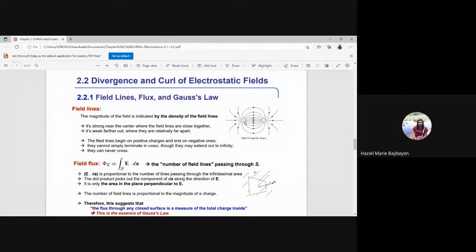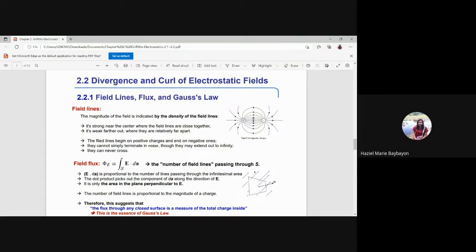Okay, so the electric field at this point is large compared to at this point, because the field lines are far apart. So again, the density of the field lines indicates the magnitude of the electric field.